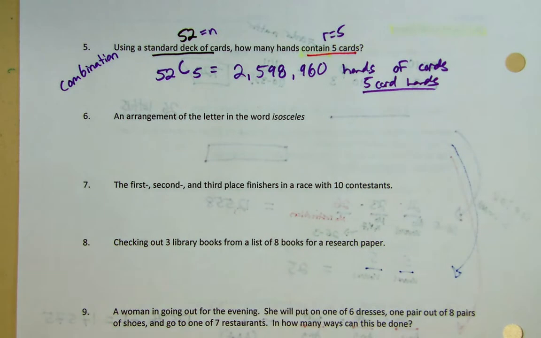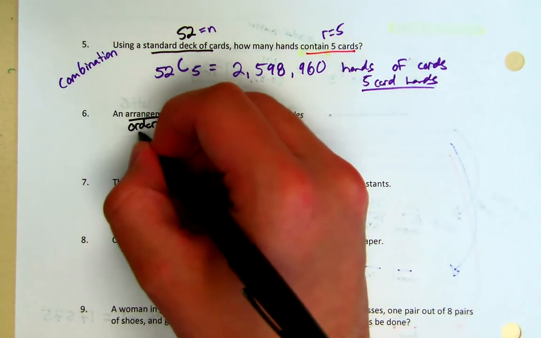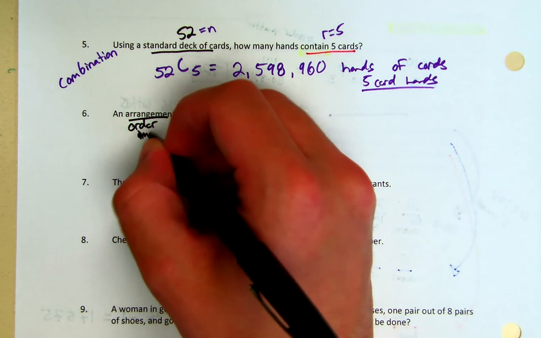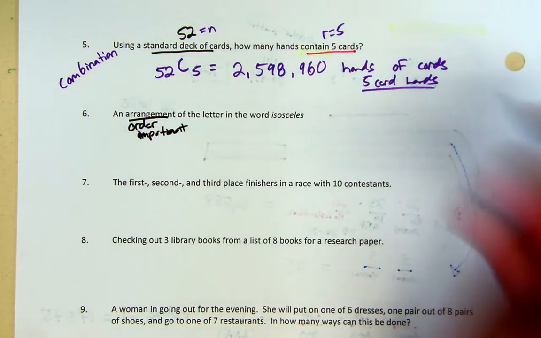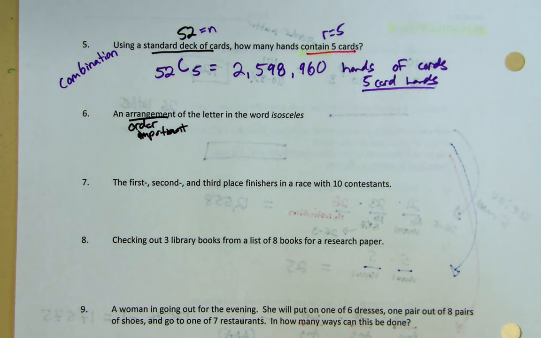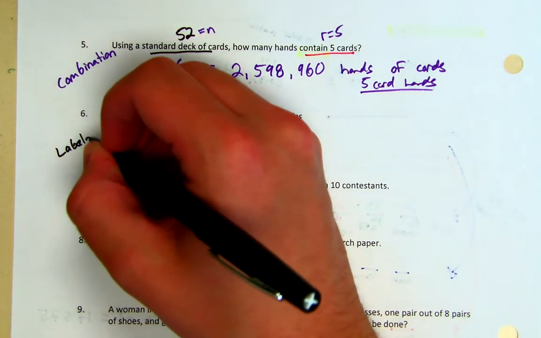Alright, an arrangement. Arrangement tells me that order is important. But I've got the word isosceles. That tells me that this is one of those labeling problems, because I have repeating letters.